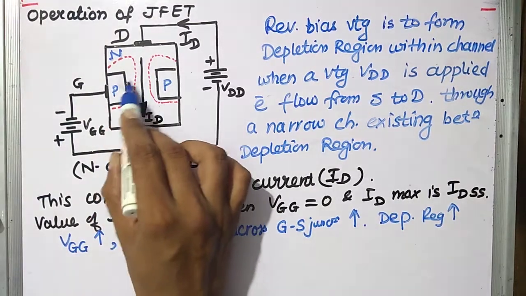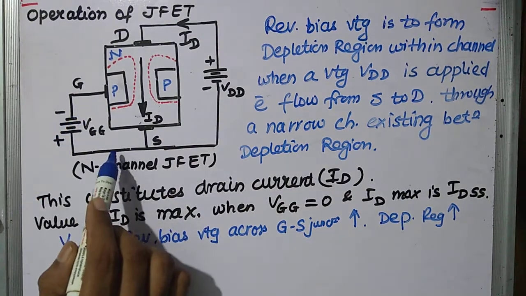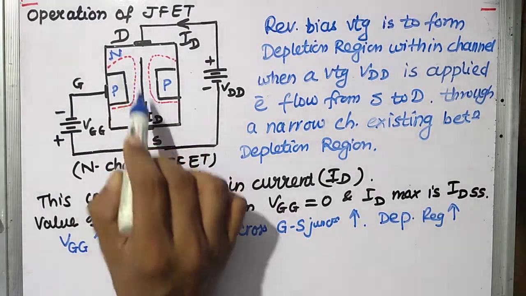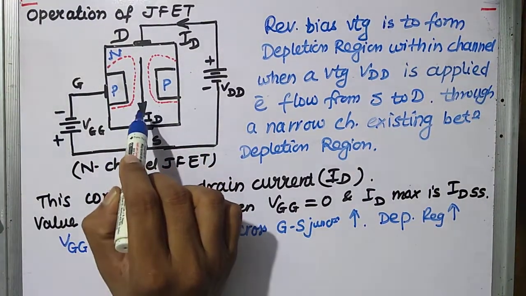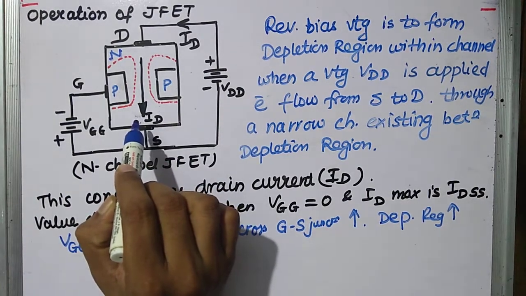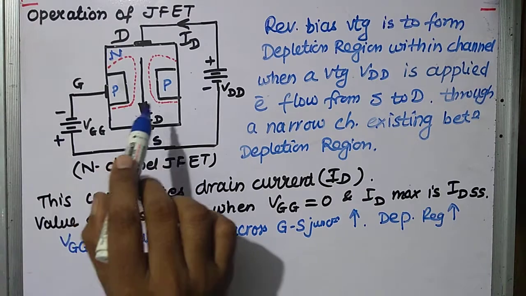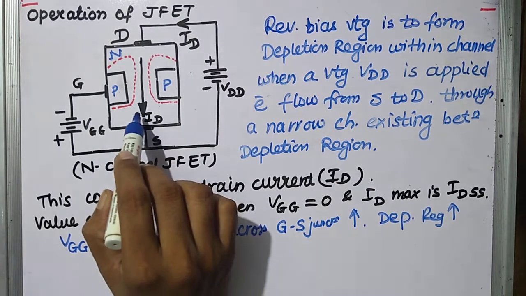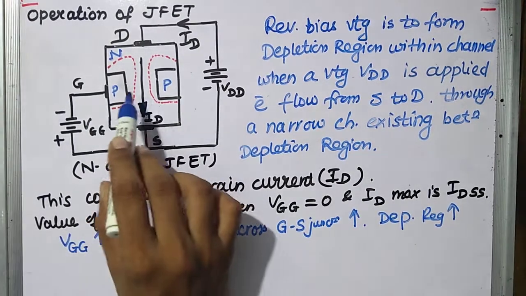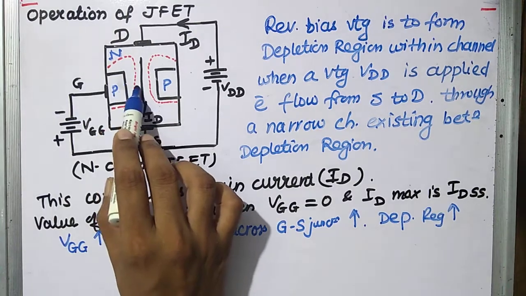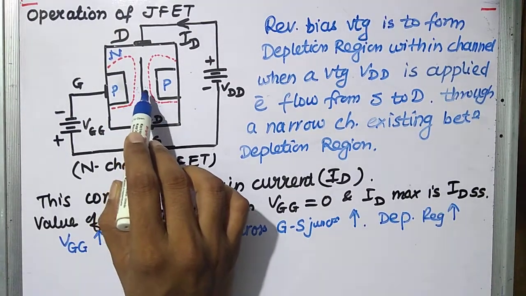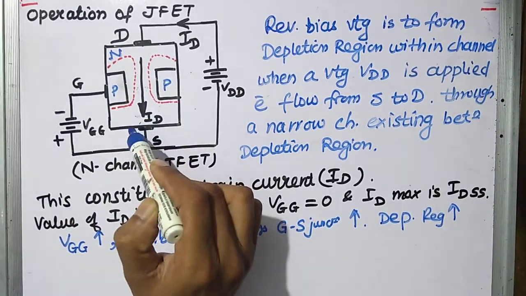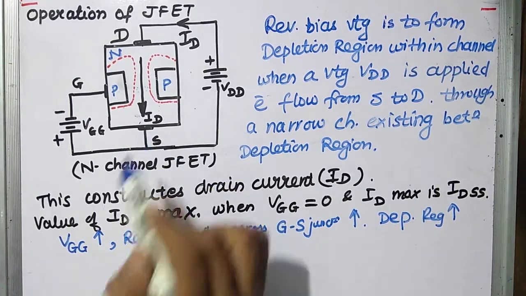So this depletion region will again increase when we increase the gate to source voltage. Thus the effective width of this channel is further decreased. When the depletion region is increasing, the effective width of the channel is decreasing, and therefore it controls the flow of drain current through the channel.